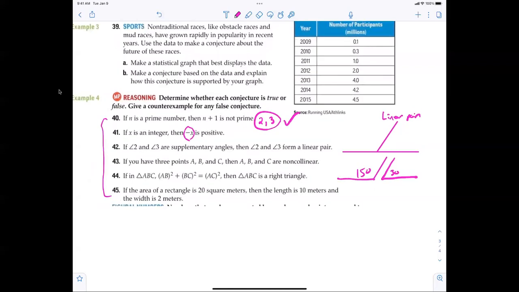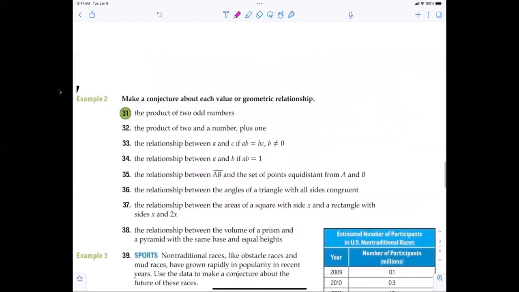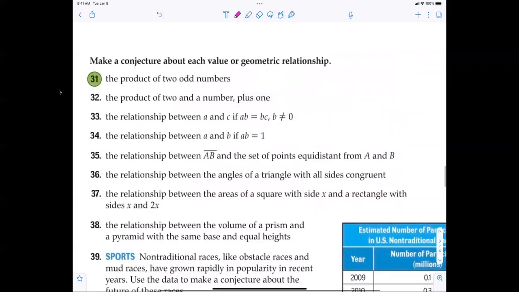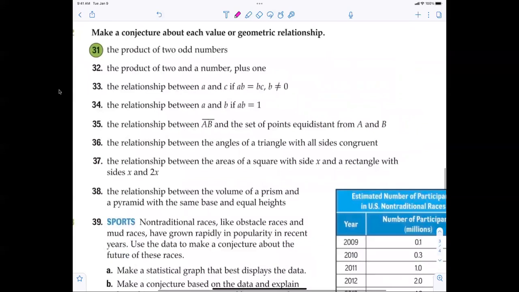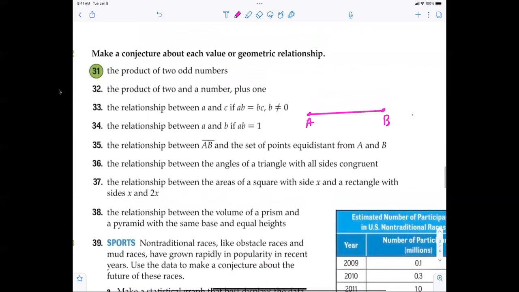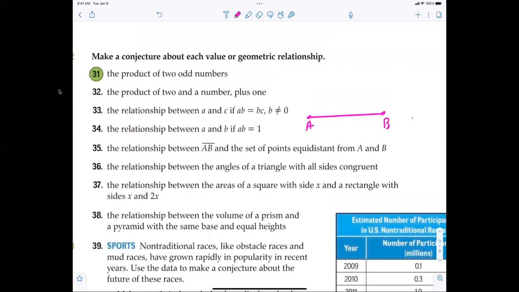All right, so now Tanner, which one are we doing? 35. The relationship between AB and the set of points equidistant from AB. So we're going to draw AB, and then the set of all points that are equidistant from AB.